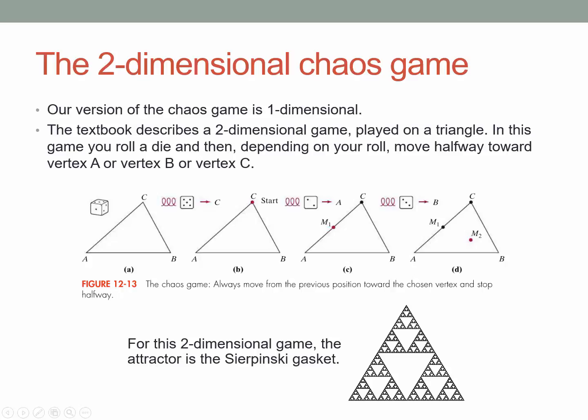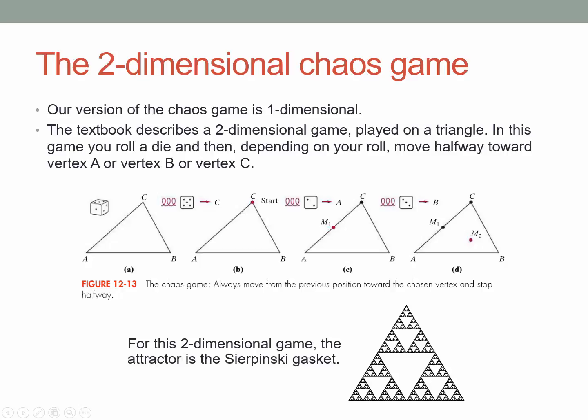Start wherever you like, but depending on your roll, you move half the distance to vertex A or half the distance to vertex B or half the distance to vertex C. This is a figure taken from the book, as it says in the caption, always move from the previous position toward the chosen vertex and then stop halfway.